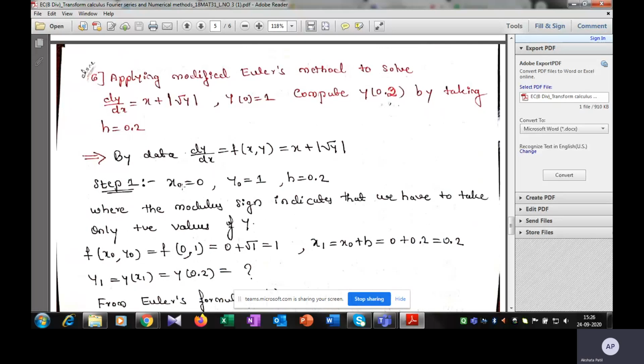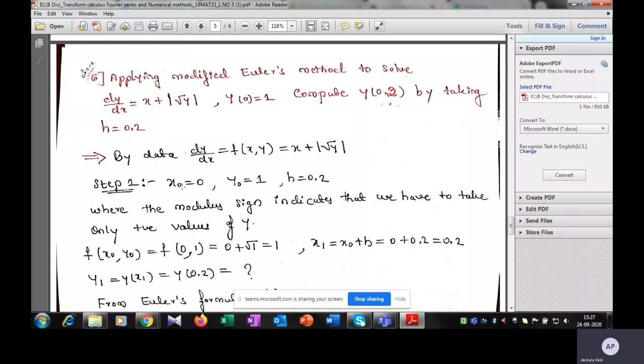In this particular example, they have given the differential equation in the form x plus mod of root y. They have given the initial conditions: x0 is 0 and y0 is 1. And the step size h is 0.2. They are asking to calculate the y value at x equals 0.2.